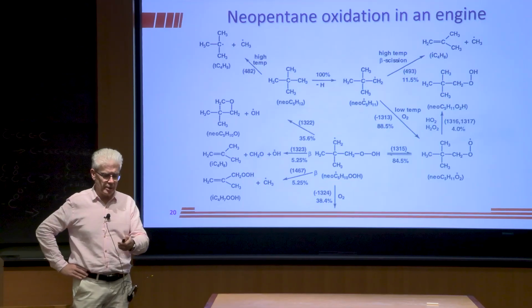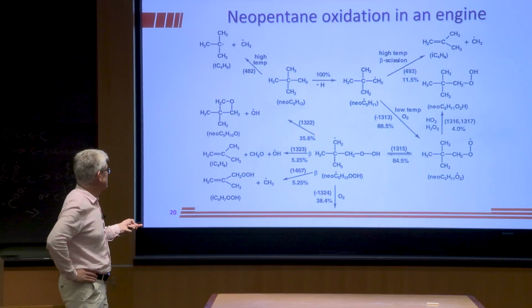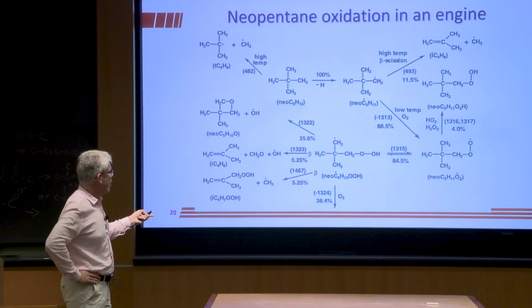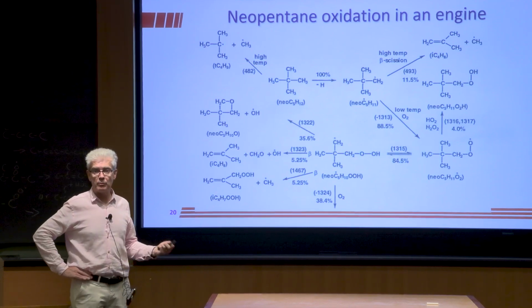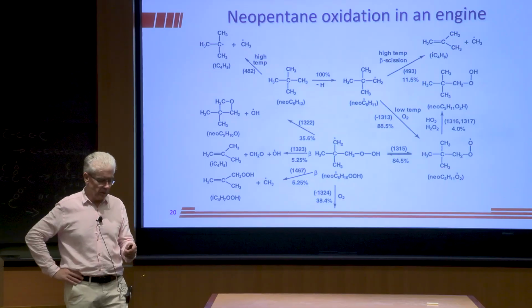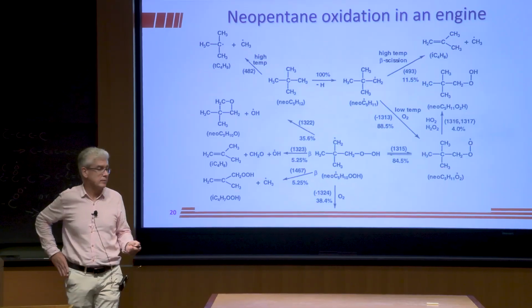So it's the competition between propagation of, in this case, the hydroperoxy alkyl radical for neopentane, or in other alkanes, RO2 and QOH, not going to O2 but going through propagation channels. Okay, so that's what causes an NTC behavior.